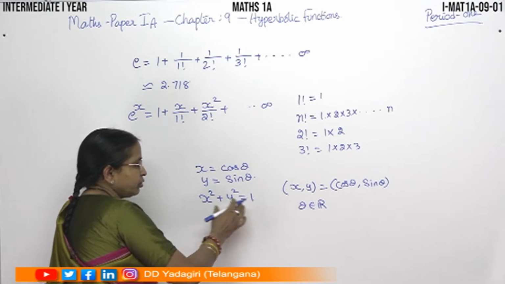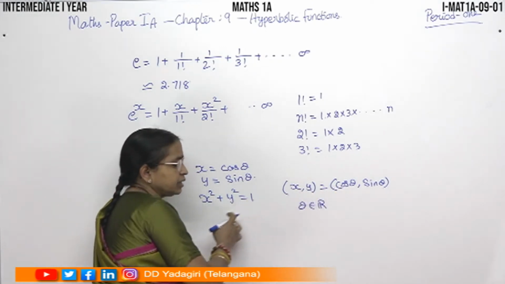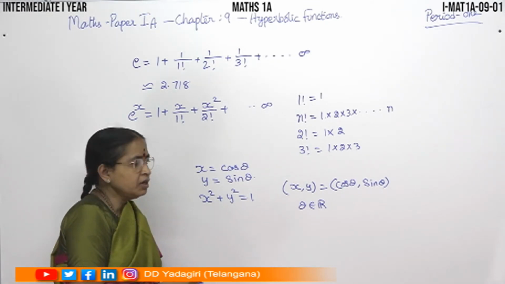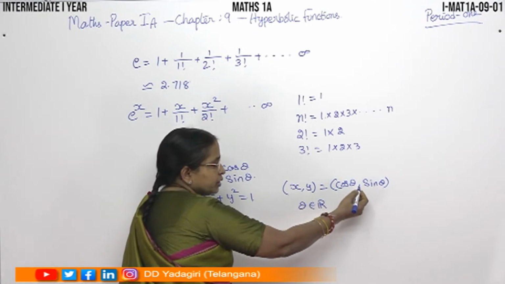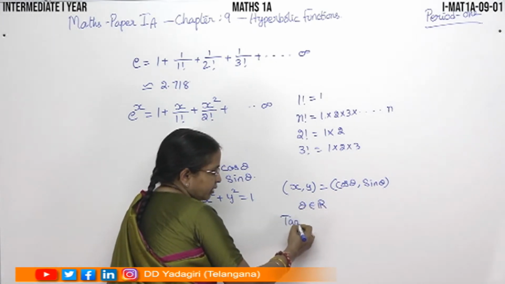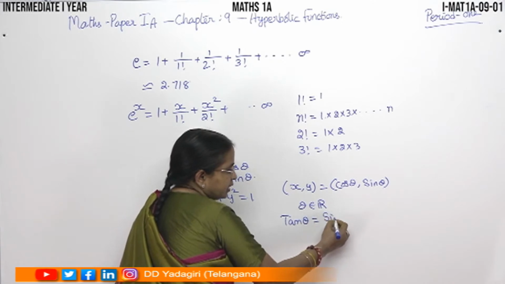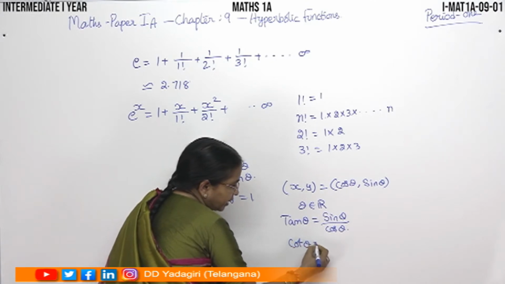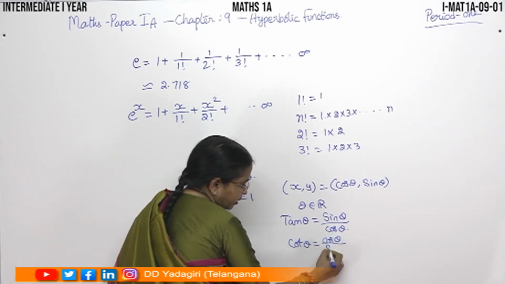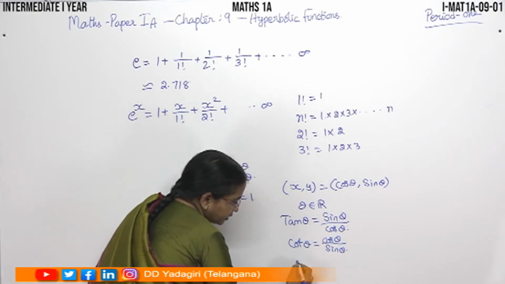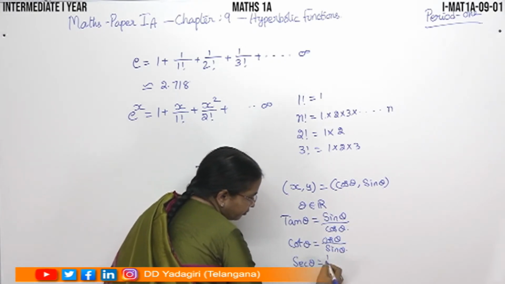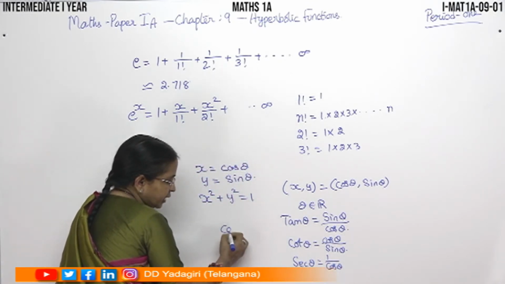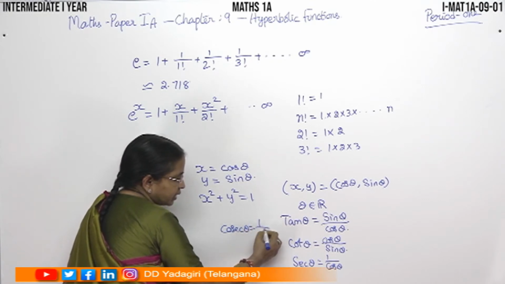In the same way, we call cos theta and sin theta circular functions. We call them trigonometric functions and also circular functions. Using cos theta and sin theta, we write the remaining ratios: tan theta as sin theta by cos theta, cot theta as cos theta by sin theta, secant theta as 1 by cos theta, and cosecant theta as 1 by sin theta.